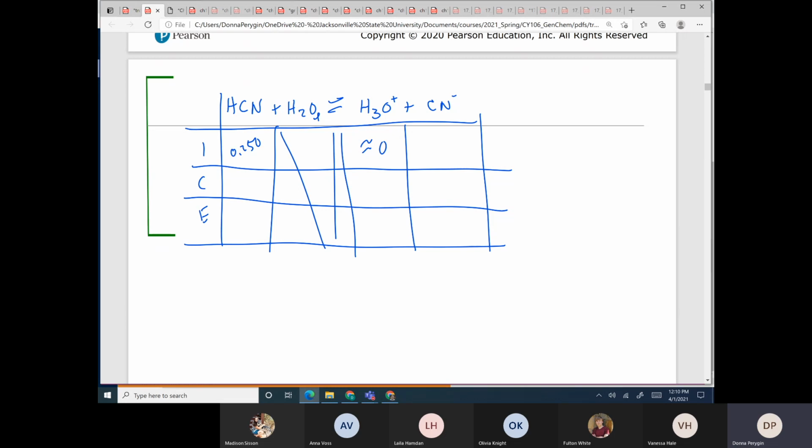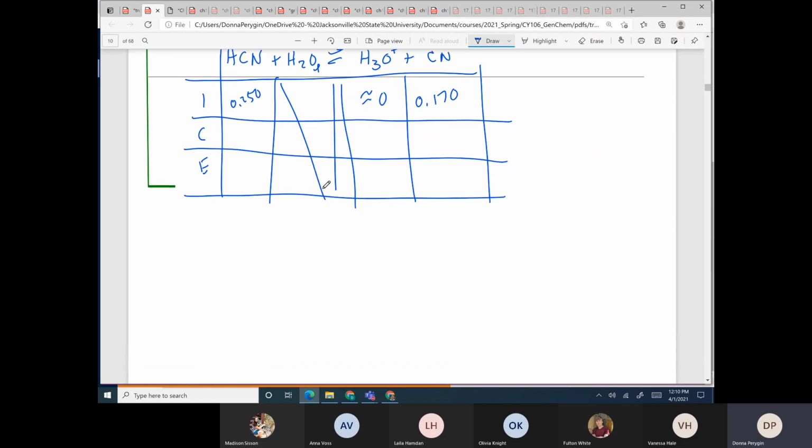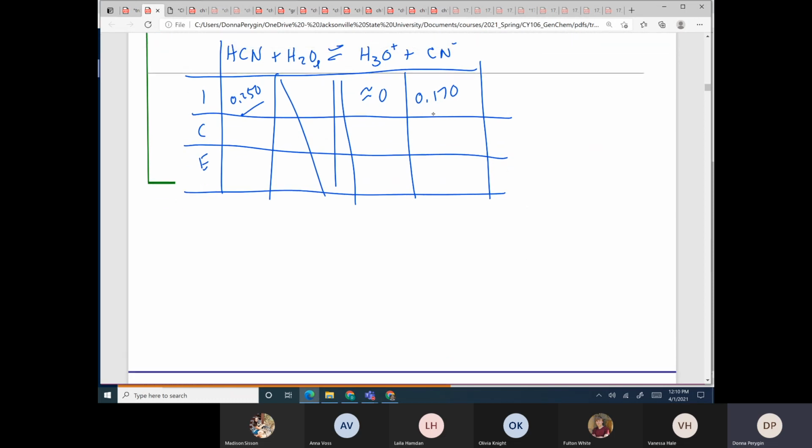Now we do have some H3O plus due to the auto-ionization of water, but because our concentration of HCN is so high, we don't have to worry about it. CN minus is 0.170. So we want to see what is our contribution of that HCN, what is our pH, okay? So we have to consider both the concentration of the HCN and the CN minus for the pH, because the CN minus is going to be the conjugate base, and we put a little extra in. It's going to pick up some hydrogen from water, actually, or from the H3O plus, and drive it back in the other direction, okay? So minus x, plus x, plus x.